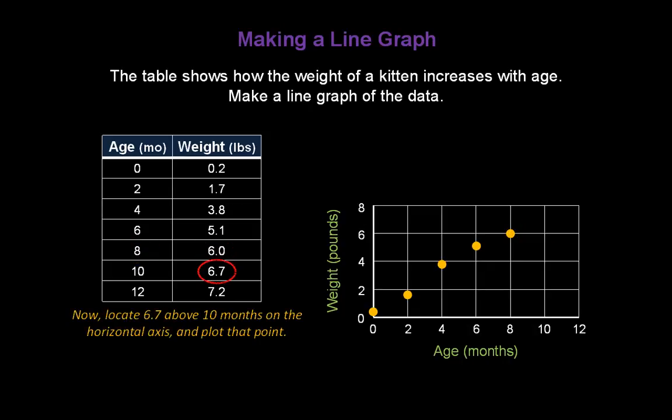Now locate 6.7 above 10 months on the horizontal axis and plot that point. And finally, our last point in the table, locate 7.2 above 12 months on the horizontal axis and plot that point.